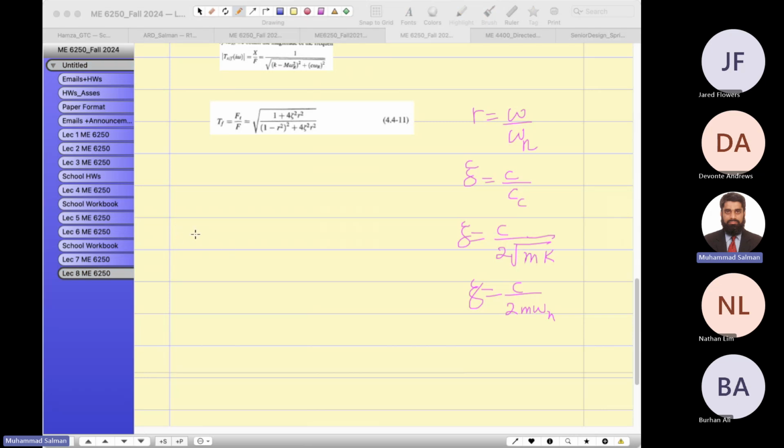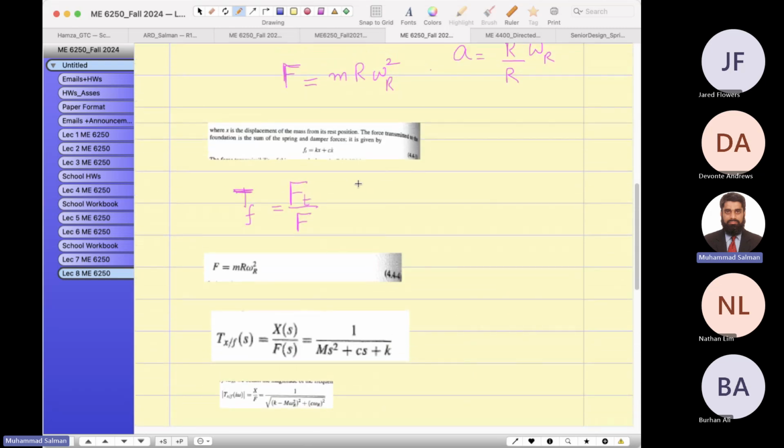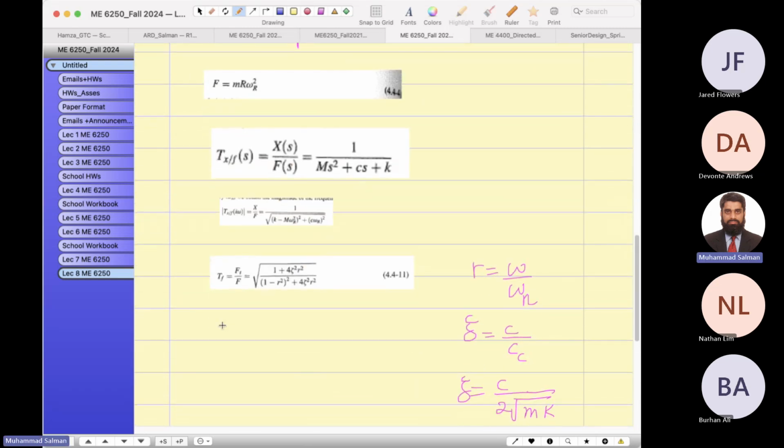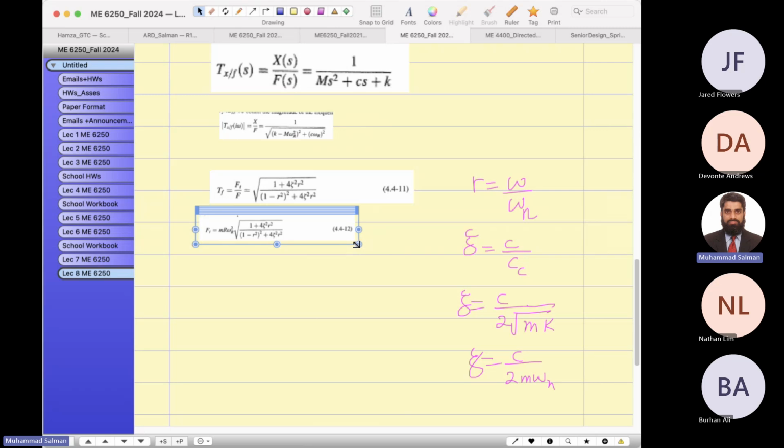And what is the transmitted force? We already know this transmitted force, which is given, and I can find it in terms of force. Let me write down the final answer.